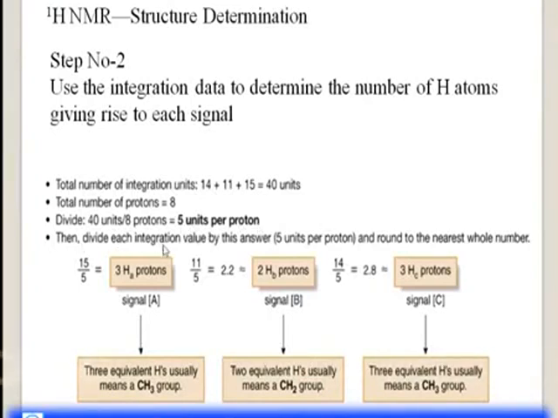Divide each integration value by this answer, 5 units per proton, and round to the nearest whole number, as we have done in the previous case. We get 3 protons on signal A, 2 protons on signal B, and 3 protons on signal C. Three equivalent protons, we can say, will be a methyl group CH3. Two equivalent protons will be a CH2 group, and three equivalent protons again will be a methyl group. Let us say these are the possibilities.